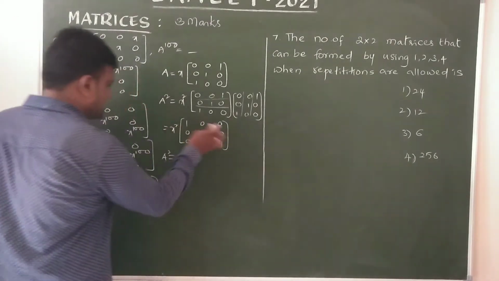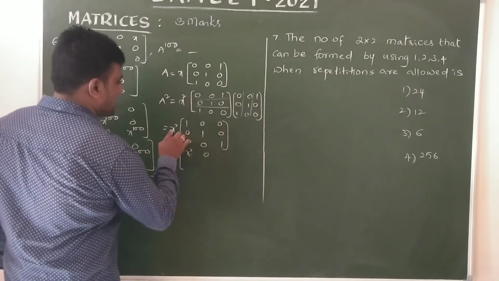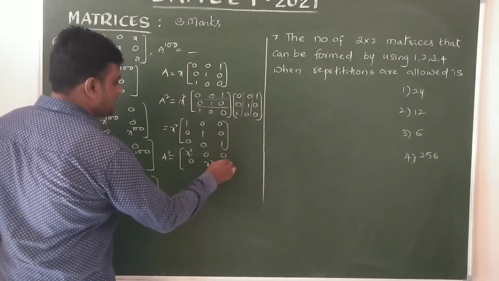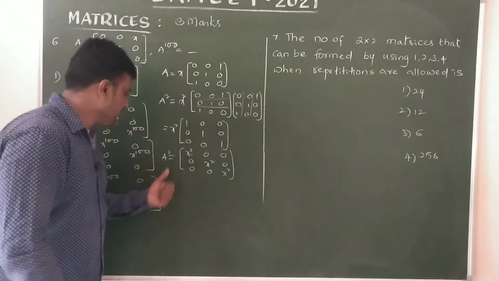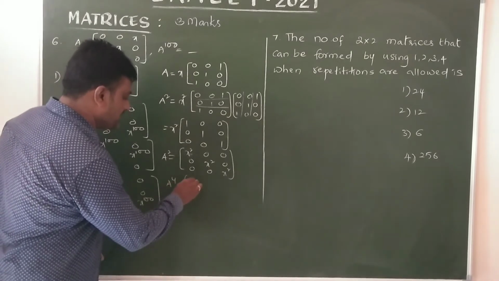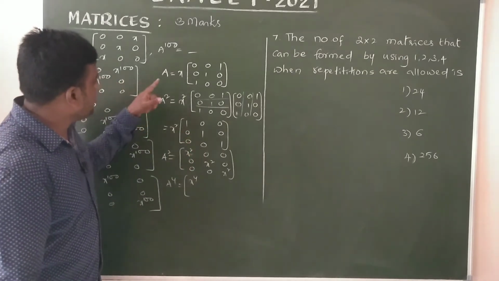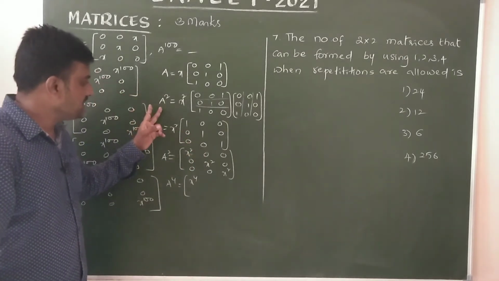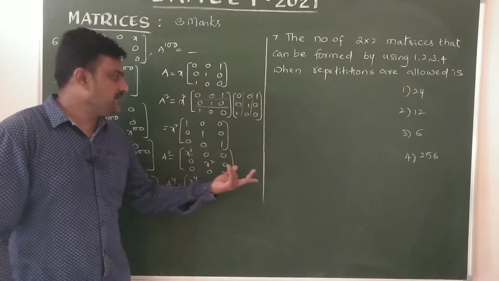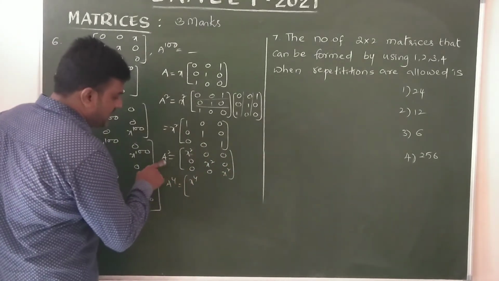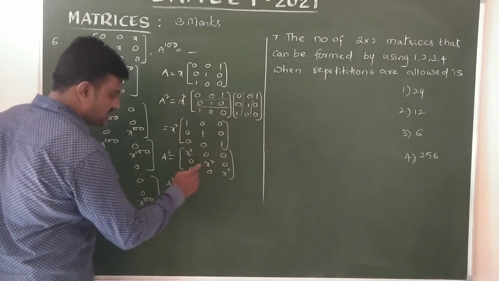So x square into I means, what about this? The matrix x square 0 0, 0 x square 0, 0 0 x square. Similarly, suppose A power 4 equals, it should be x power 4. Yes or no? Because it is an identity matrix. After multiplying the same matrix twice we got the identity matrix, and identity matrix into identity matrix is the identity matrix. So from A square we get this identity matrix times x square.